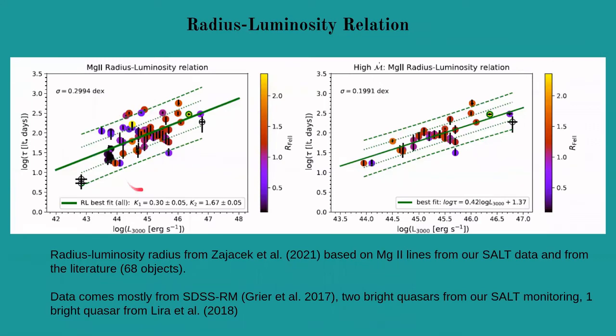Because we have different sources, and here we are using the time delay, the error that is coming in is because of the time delay. So if you have better data for a particular source, and if you can measure the time delay very precisely, then all these sources should follow this green line.